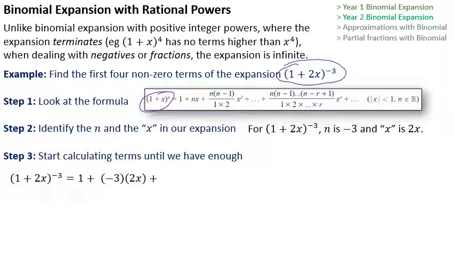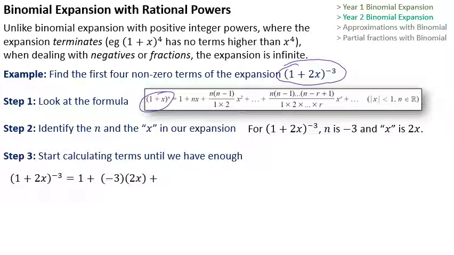Then as we move forwards, we can make use of what we've already got in a way. We've already got minus 3. The next term will have an n, but it will also have an n minus 1. So we'll have minus 3 times the next number down, which is minus 4. And the power of x will increase. In this case, it's a power of 2x. So we'll have 2x to the power of 2 instead of just 2x to the 1 like we had before.